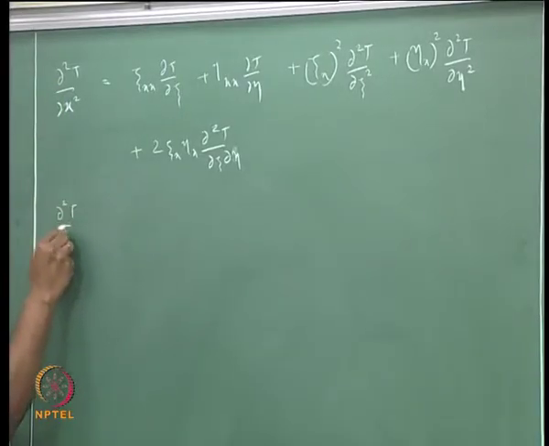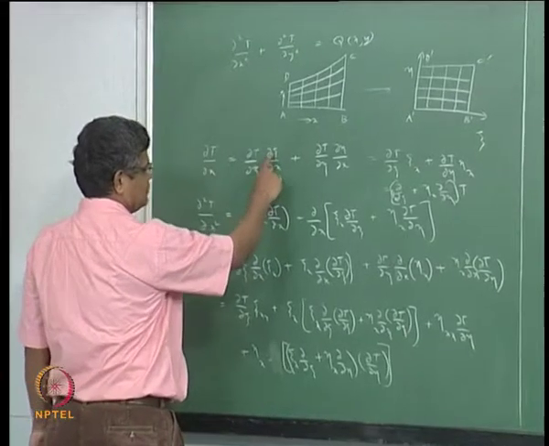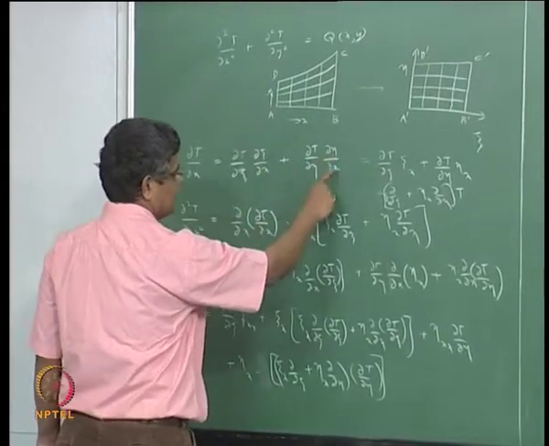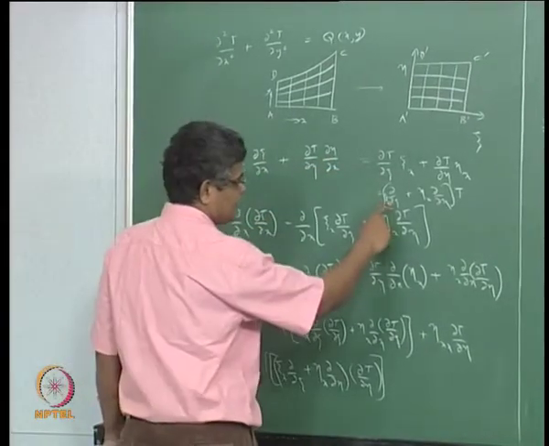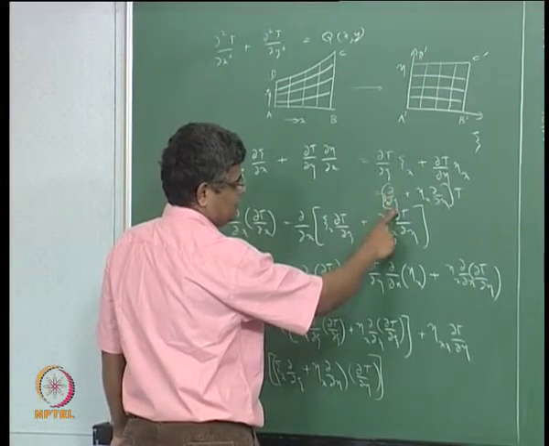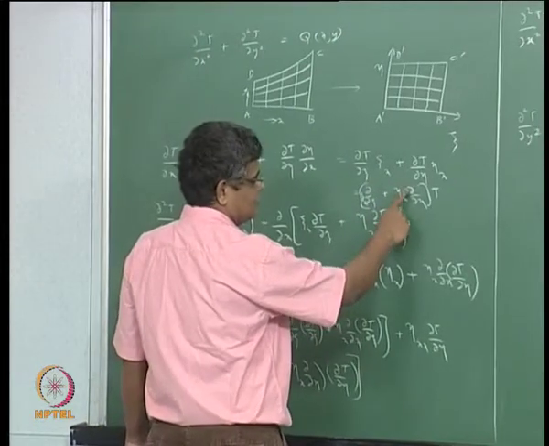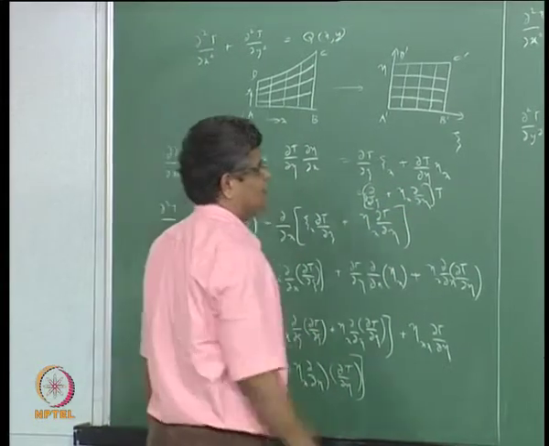And similarly we will have ∂²T/∂y², where we will have ∂psi/∂y here and ∂eta/∂y. So the operator here will become psi y ∂/∂psi plus eta y ∂/∂eta of this.